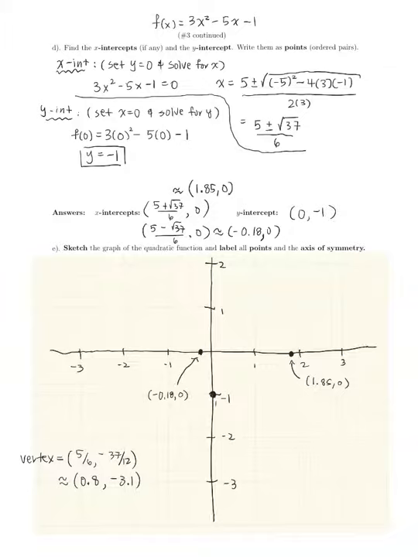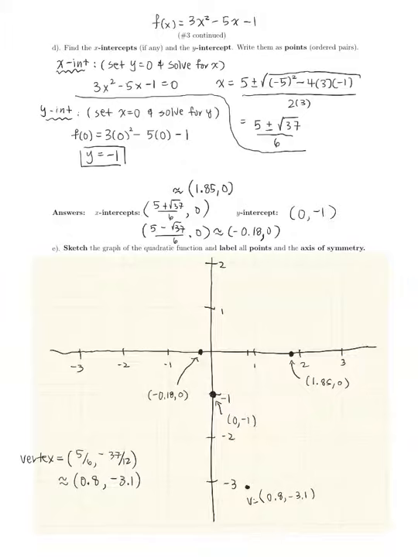Now let's jot down the vertex. The vertex is going to be 0.8, maybe right here, comma negative 3.1, just a little bit below that. So I'll jot this down as our vertex, approximately 0.8 comma negative 3.1.